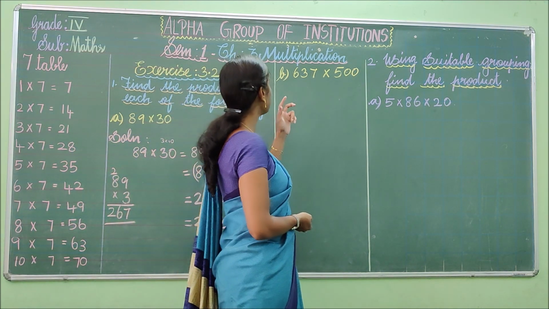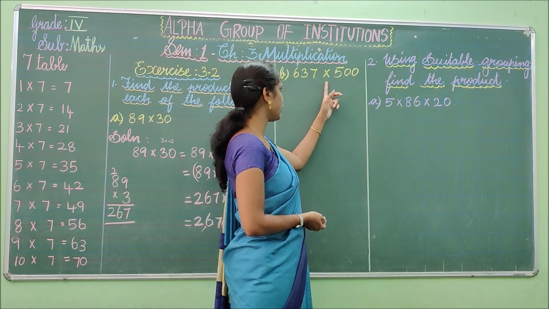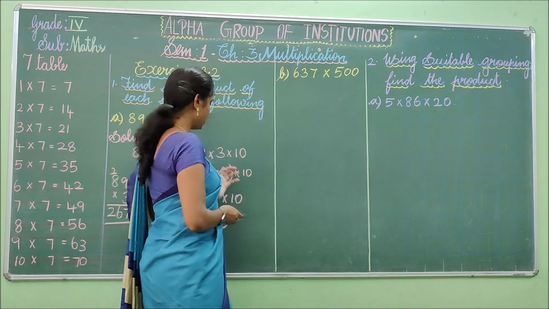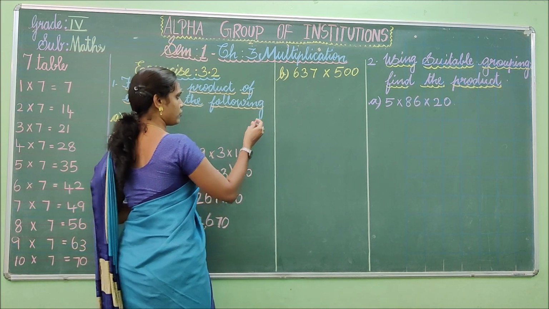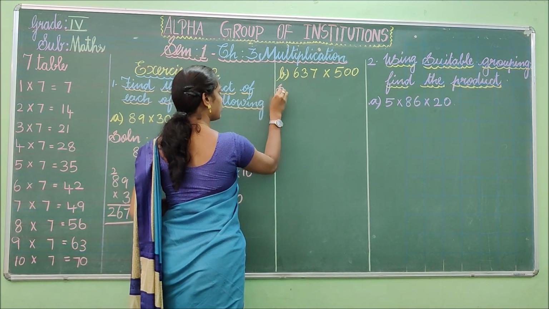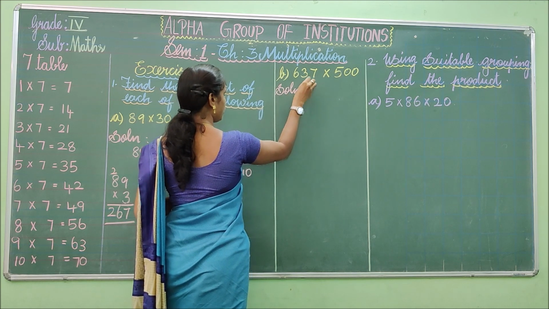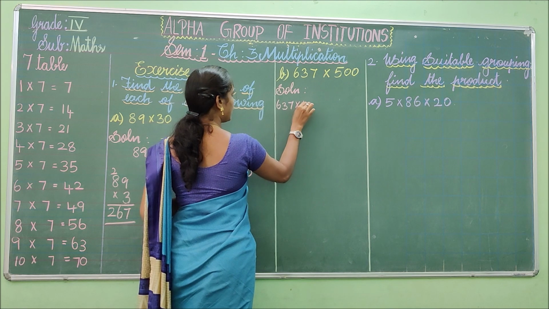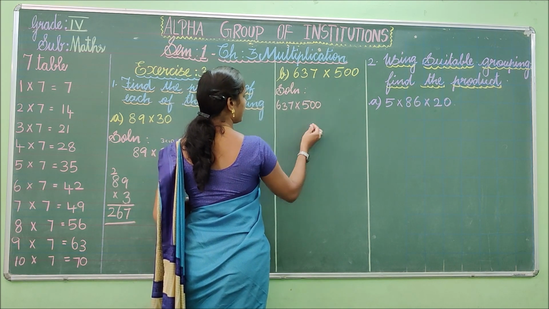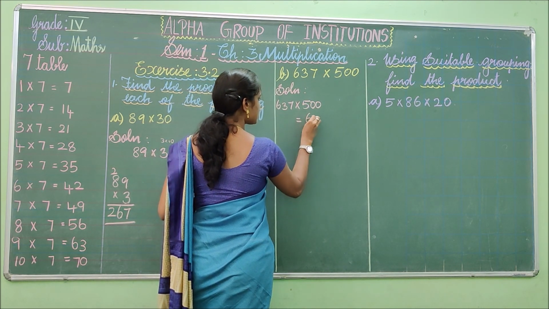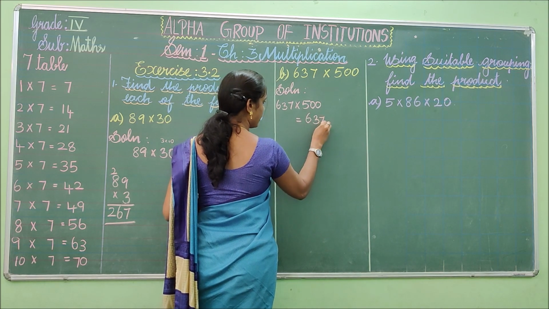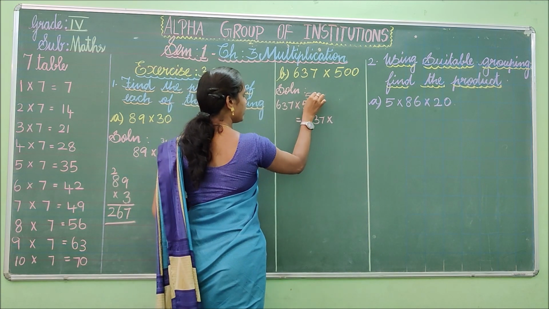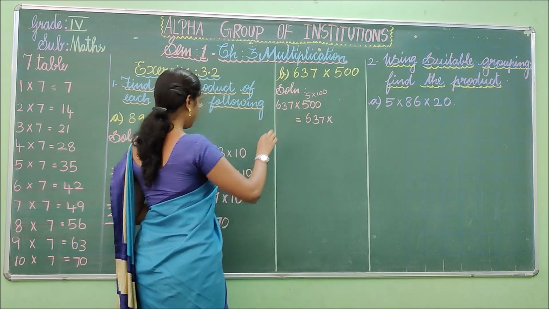The same method we are going to use for the second problem: 637 into 500. What we have done in the previous one, we are going to do the same here. 500 can be written as 5 into 100.